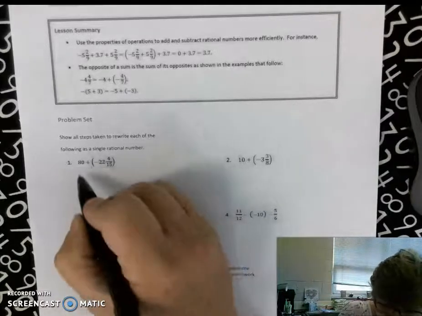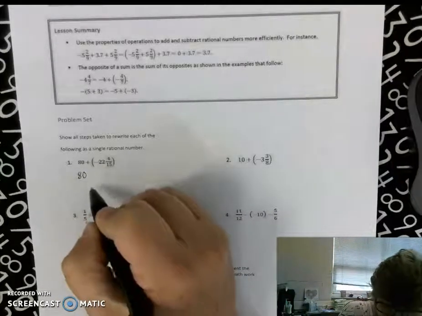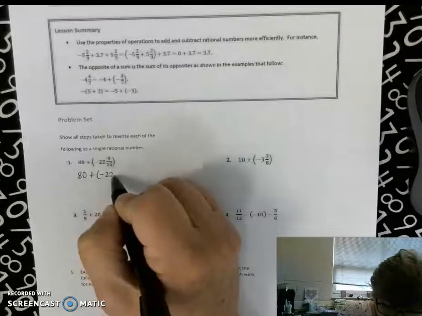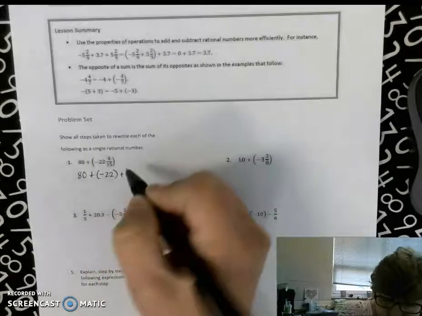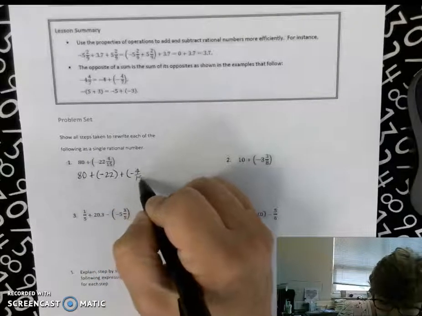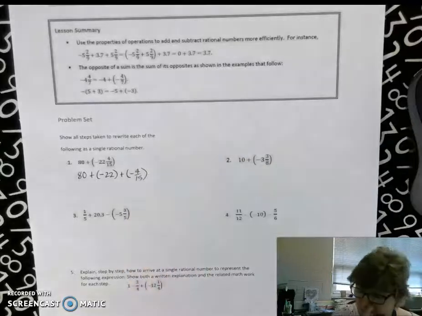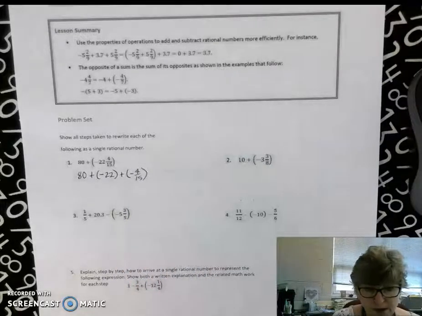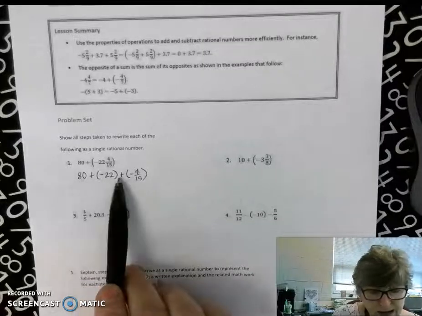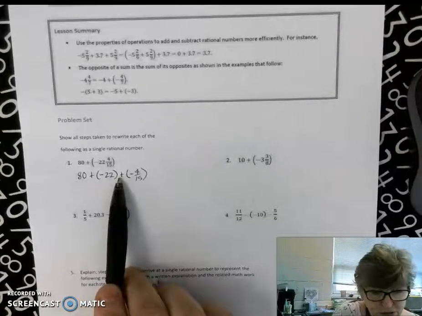So when we decompose, 80 plus a -22 plus a -4/15.